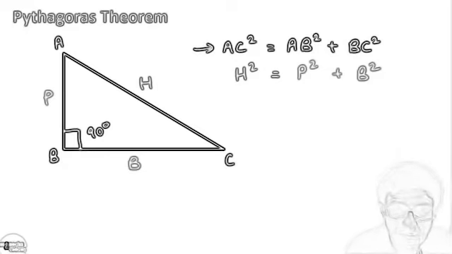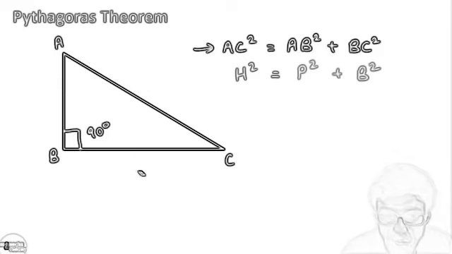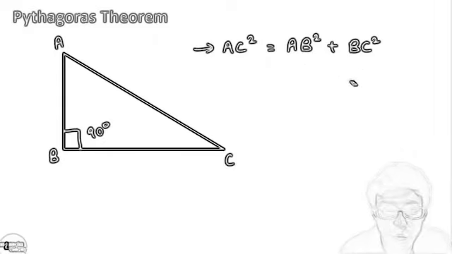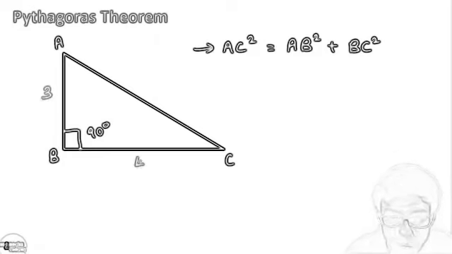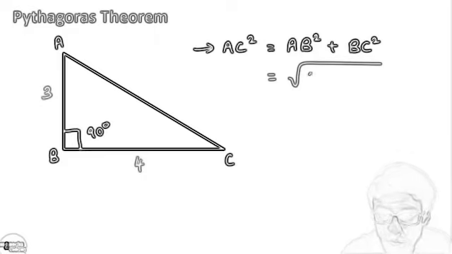For example, if we take some values here, so let me erase this notation, we'll come to that, right? So what are we saying? The square of the hypotenuse is equal to the sum of the squares of the sides. So if I take some values here for you, let's say this is 3, this is 4, then AC square is going to be equal to 3 square plus 4 square, right?